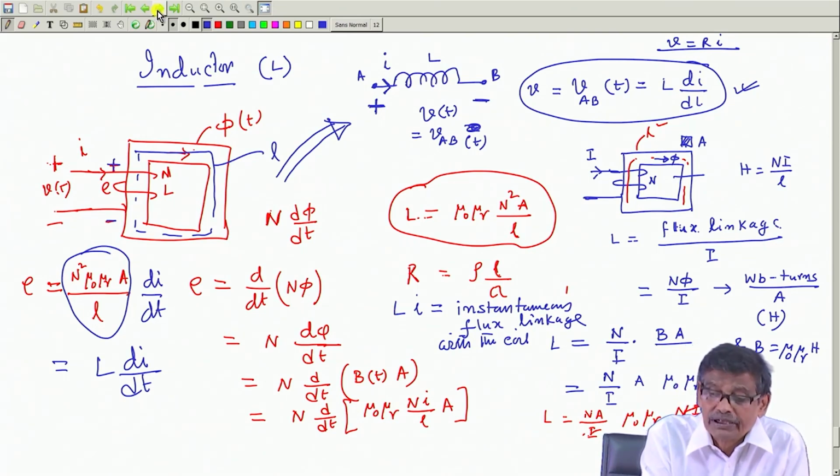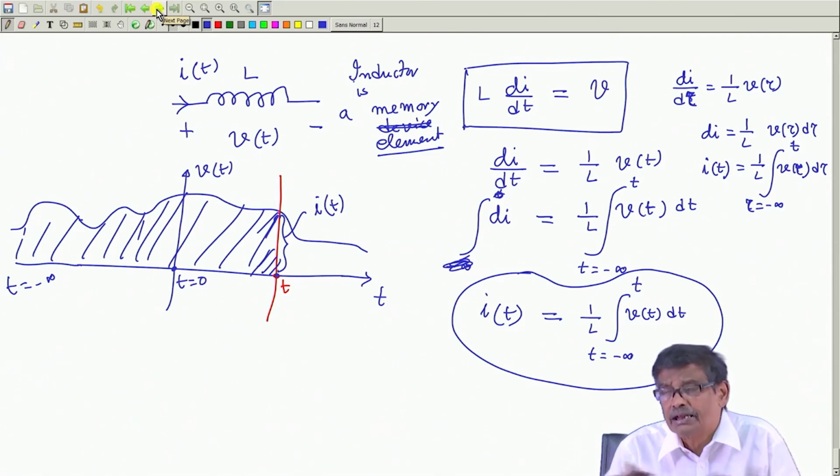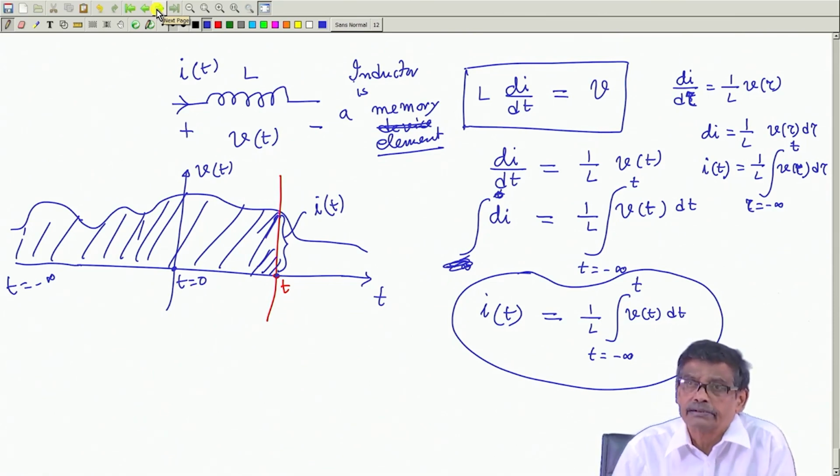Only one point I will tell: suppose for a wide range of time an inductor is carrying a constant current, say 2 ampere, not changing with time.